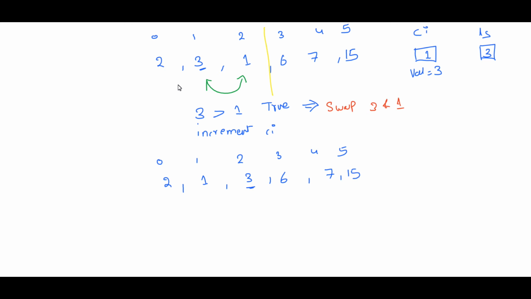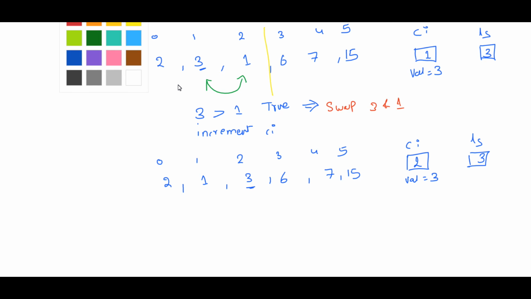2, 1, 3, 6, 7, 15. Our CI is pointing to position 2 with the value of 3, ls pointing to position 3, and let's just identify the sorted and unsorted parts. Everything towards the right of the yellow line is sorted, everything towards the left is unsorted, is what we're working on.